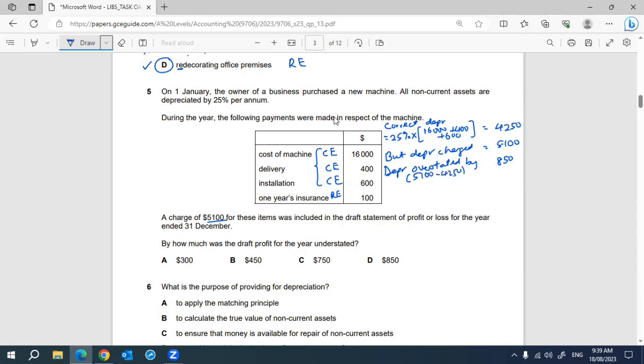So depreciation being an expense was overstated. So therefore, profit was understated by 850. So therefore, D is the answer.